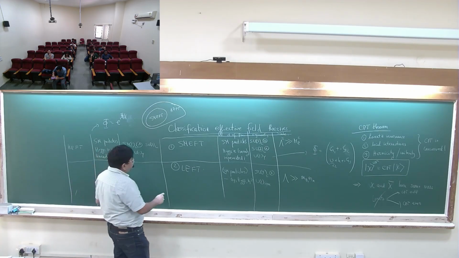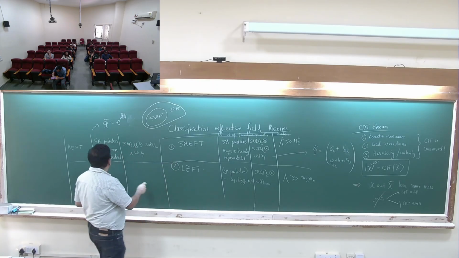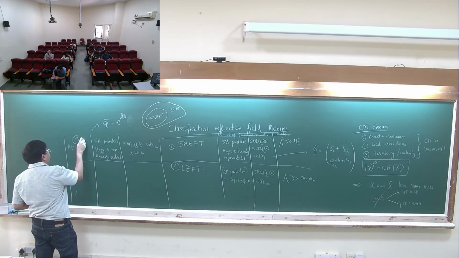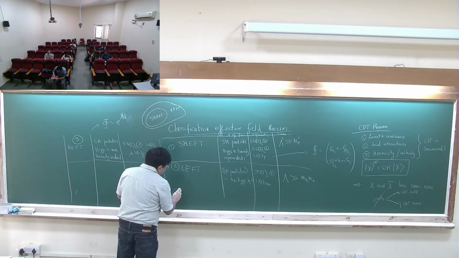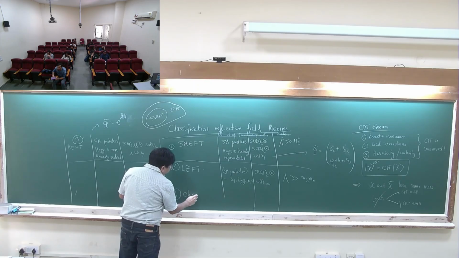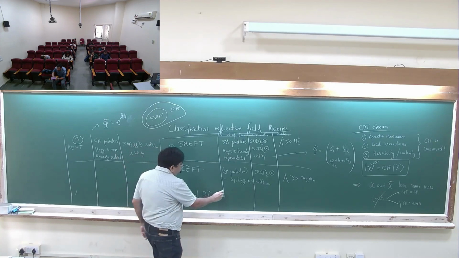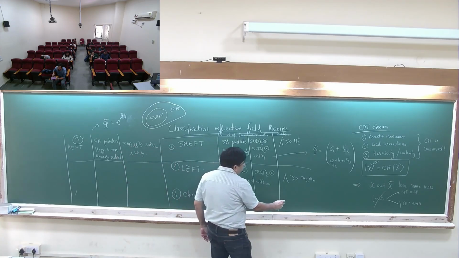So we have introduced LEFT, there is HEFT, then there are other things, chiral PT. So this is valid at a scale which is lambda.